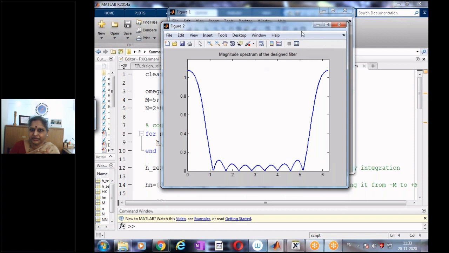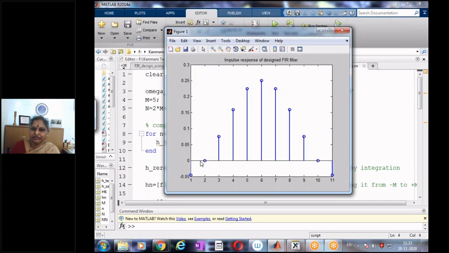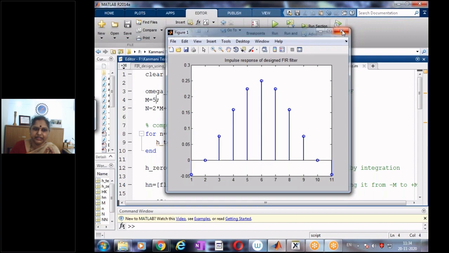So the number of ripples is very closely related to the order of the filter. This is my frequency response of the designed filter, and how about my impulse response? This is my impulse response. Now I have a filter of length 11.